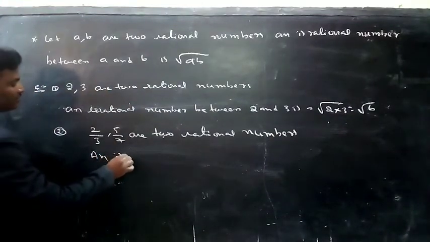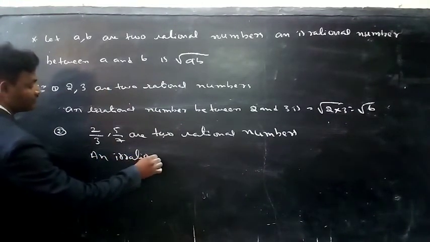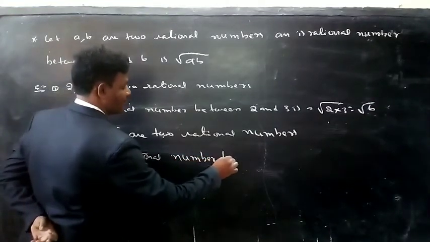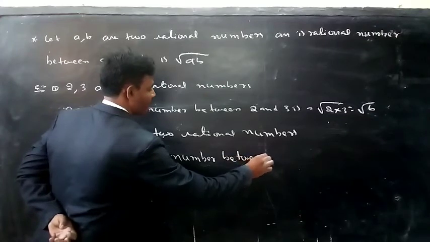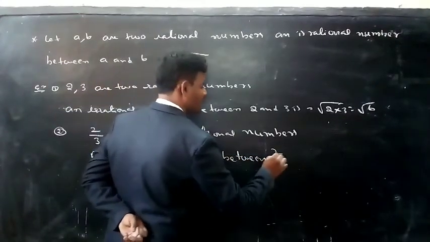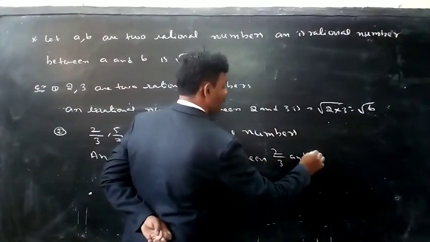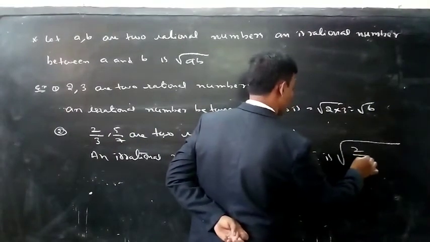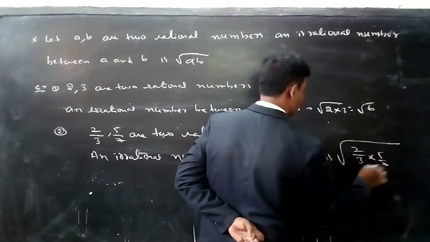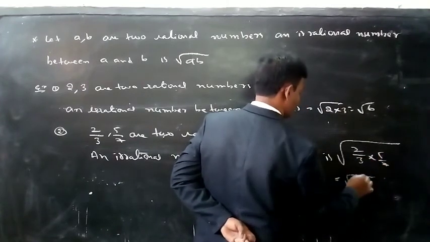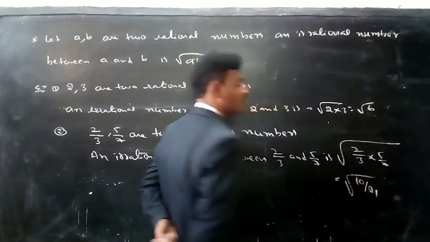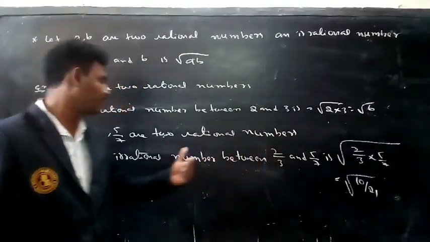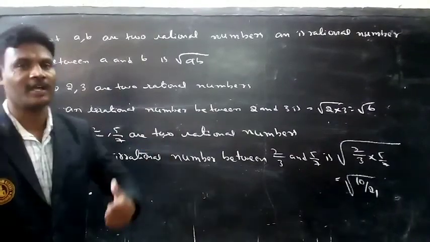An irrational number between 2 by 3 and 5 by 7 is under root of 2 by 3 into 5 by 7, which is equal to, 5 2s are 10, 7 3s are 21, so under root of 10 by 21. That is an irrational number between 2 by 3 and 5 by 7.